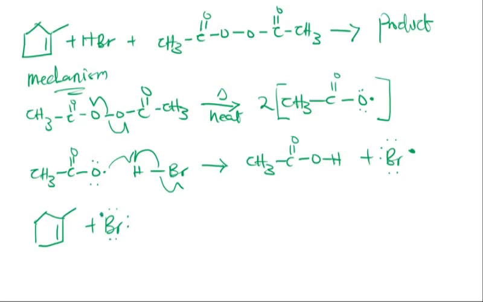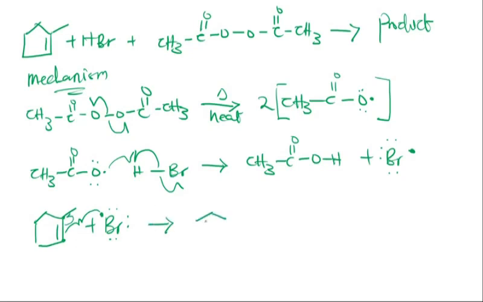Now if we look at this, the double bond over here is between this carbon and this carbon, and we can see that this carbon here is attached to 1, 2 and 3 other carbons, and this one over here is attached to just 1 and 2. So this is our most substituted carbon, which means when this double bond breaks and one of the electrons reacts with this radical, the bromine will be attached to the less substituted one over here, and then the second electron will be brought to this carbon, which is the most substituted one.